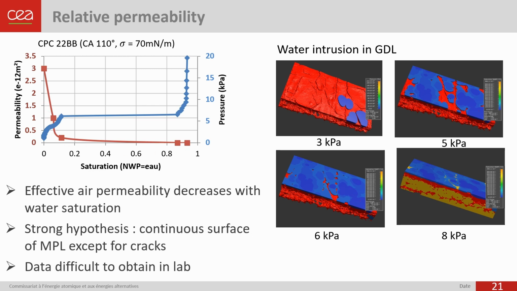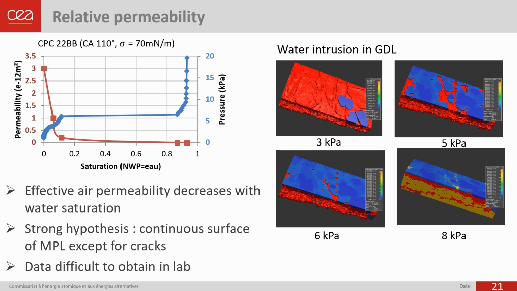It is good to know that this kind of curve is very difficult to obtain by laboratory experiments, and this is a good way to obtain this kind of values by just using a 3D structure.